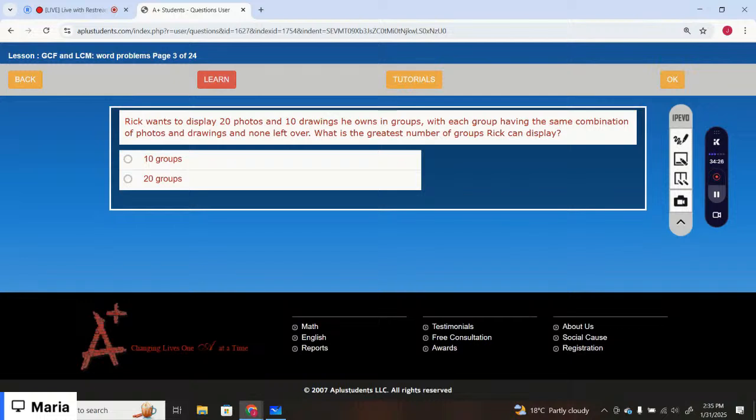Rick wants to display 20 photos and 10 drawings he owns in groups, with each group having the same combination of photos and drawings and none left over. What is the greatest number of groups Rick can display?